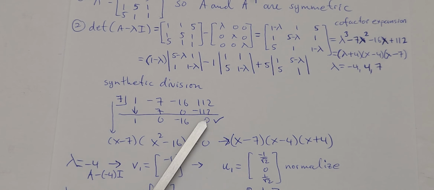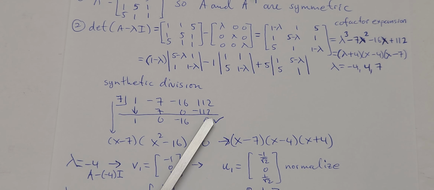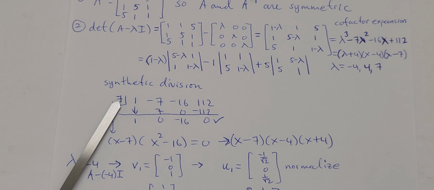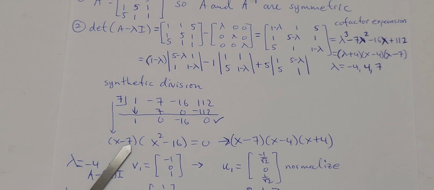One more time. When you use synthetic division, if this right here is a 0, then this divisor, this number that you're dividing by, is a factor. And when it is a factor, make sure you do the opposite, because this is plus, so over here has to be a minus.